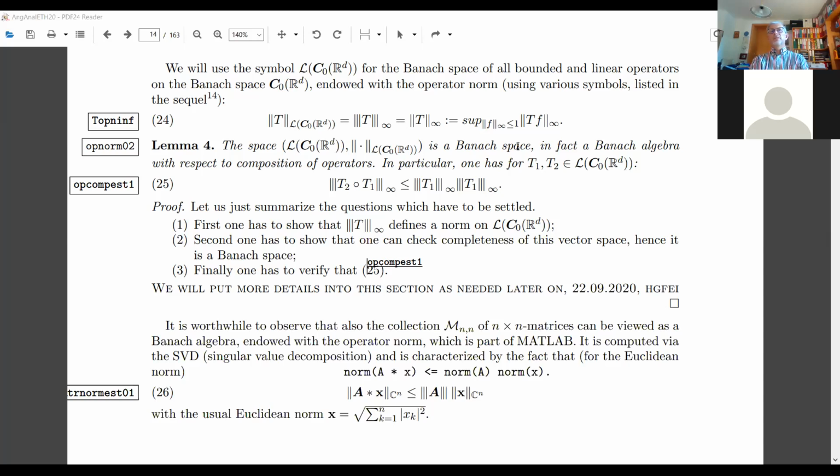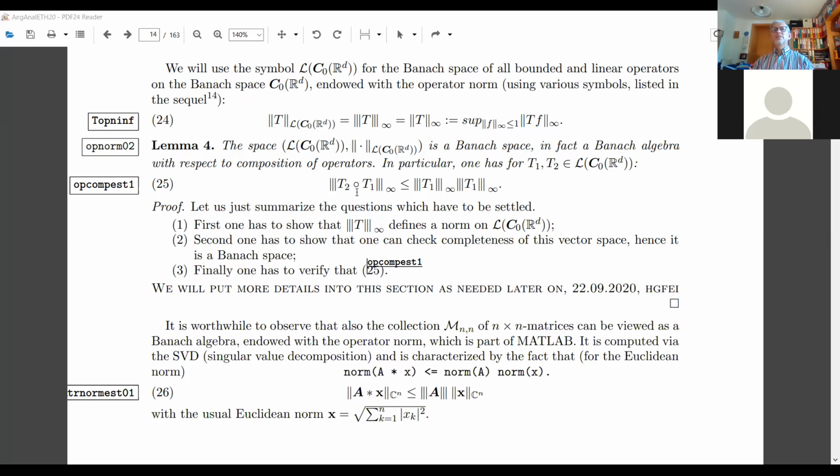We will also see that there are other ways of describing closeness, which is important when you are doing something like the continuous Fourier transform and you want to approximate it with the FFT, which is a priori a very hard task because you're defining an operator on infinite dimensional spaces and you want to approximate it by finite dimensional spaces or matrices which have different size. So how can matrices of different size be similar to an object which is also not a matrix even? We'll see how to do it.